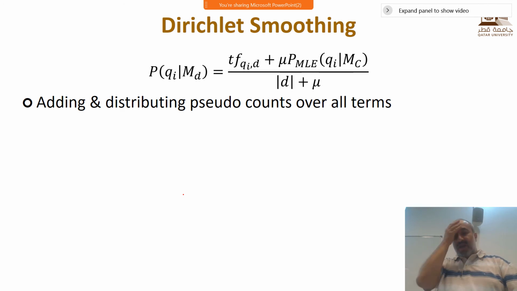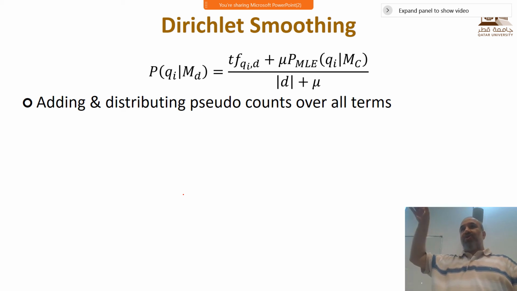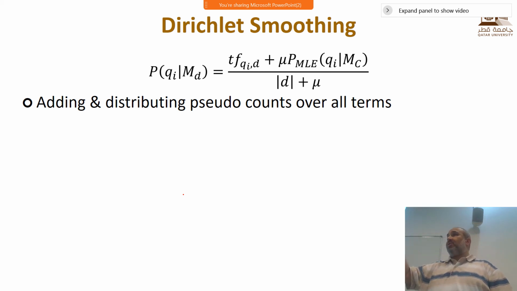Okay. I told you that we will study two smoothing techniques. The first one is called Jelinek-Mercer, which is the mixture model, with the linear interpolation between the foreground and background. The other method is called Dirichlet smoothing. Here we use the notion of what we call pseudo counts.